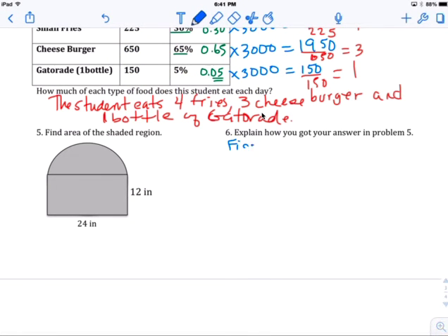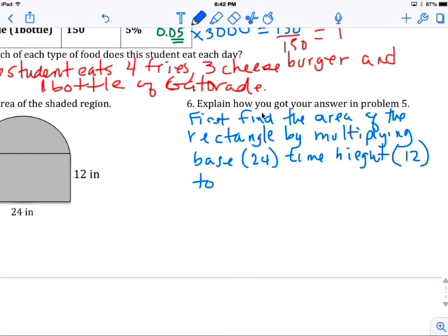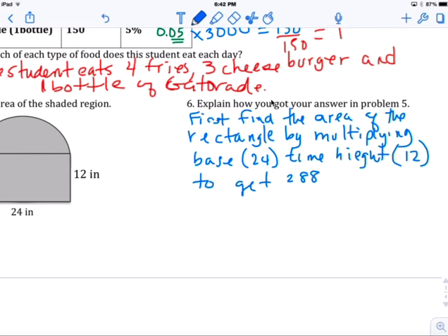First, find the area of the rectangle by multiplying base, which is 24, times height, which is 12, to get, okay, 24 times 12, 288. 288 inches squared.